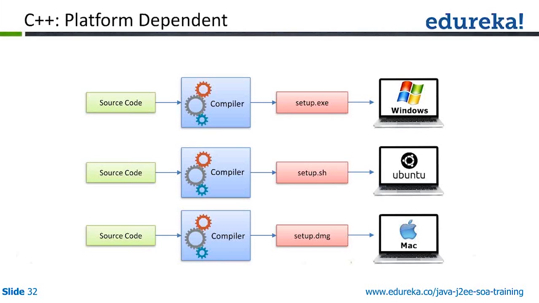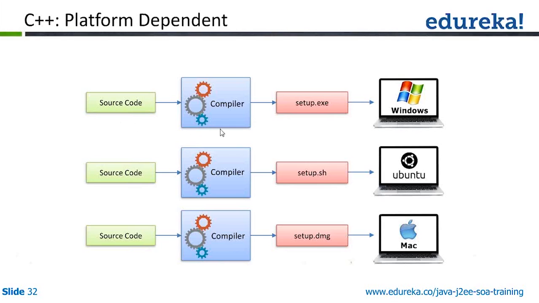After compilation, it creates a file that is understood by the underlying operating system. Because the output is a file understood by the underlying operating system, every time you have a different operating system, you need to compile it. And very often, many language features may be operating system dependent, which makes it difficult for those languages to run on more than one operating system.